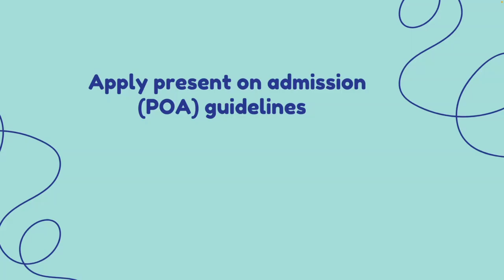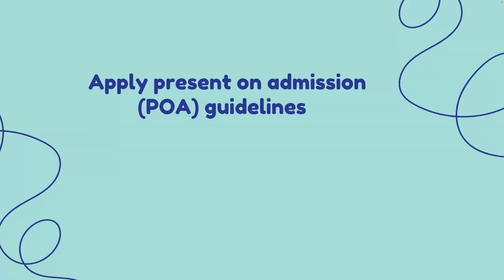Also, in the guidelines, it tells us that the reporting options are: yes, it was POA; no, it wasn't POA; U for unknown, the documentation is not sufficient; W, clinically undetermined, the provider is unable to determine. And then you have the ones for exempt.